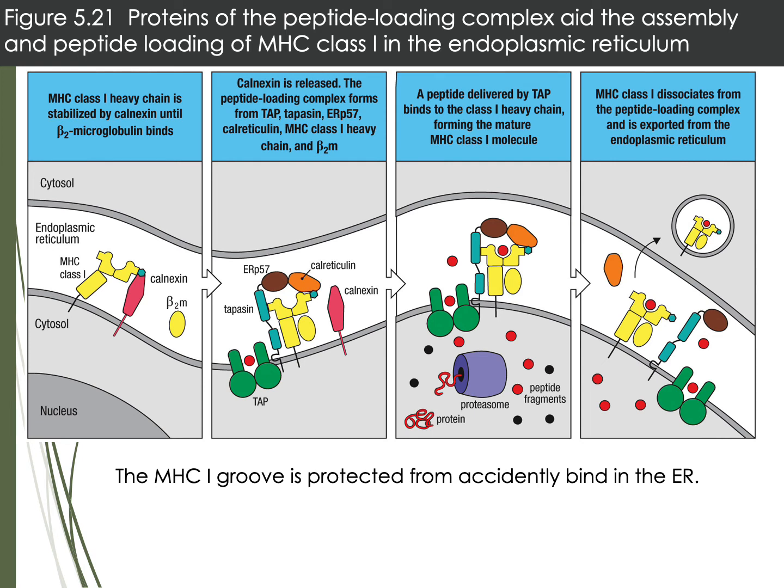So there's a number of proteins involved in the process of loading the peptide into the MHC class 1 groove. Just to get MHC class 1 formed, calnexin is going to be critical in stabilizing the MHC class 1 so that the beta subunit, the beta domain, can bind to it. Then calreticulin and ERP57 are going to block the MHC1 molecule so that peptides or proteins don't accidentally load in.